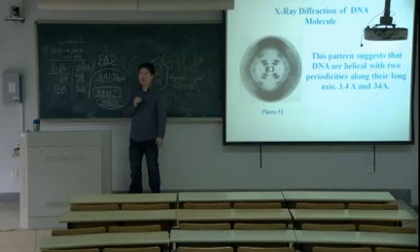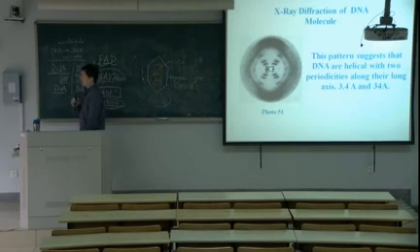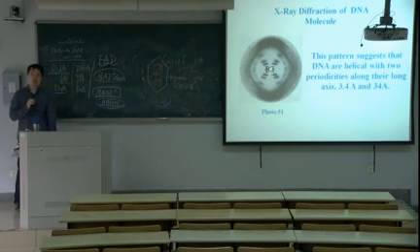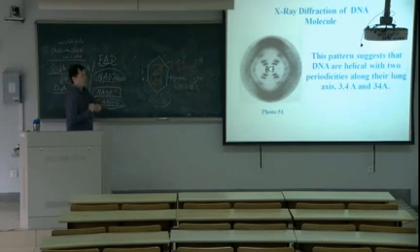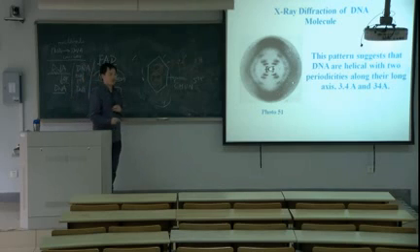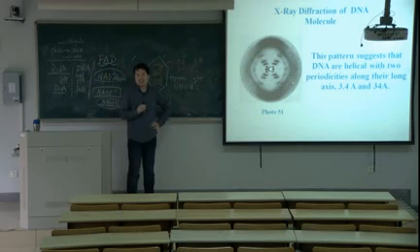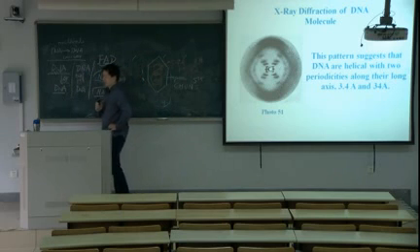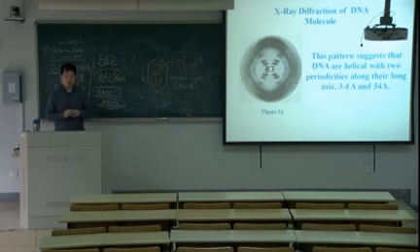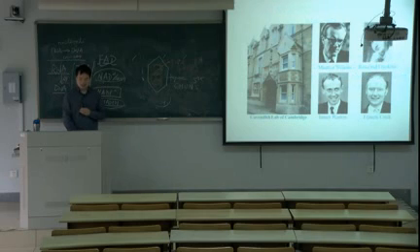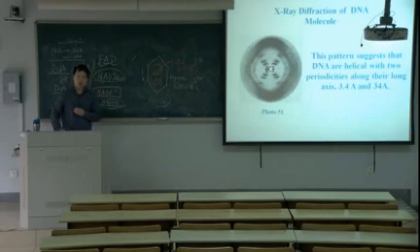Franklin made crystals of DNA and tried to use X-ray diffraction to calculate what the structure of DNA is. And one day, Franklin got a photo of X-ray diffraction that looks like this. It's called photo 51. And Wilkins gave this photo to James Watson and Francis Crick without Franklin knowing.